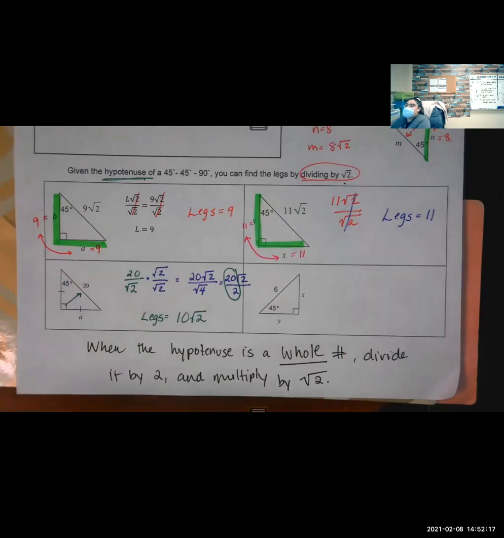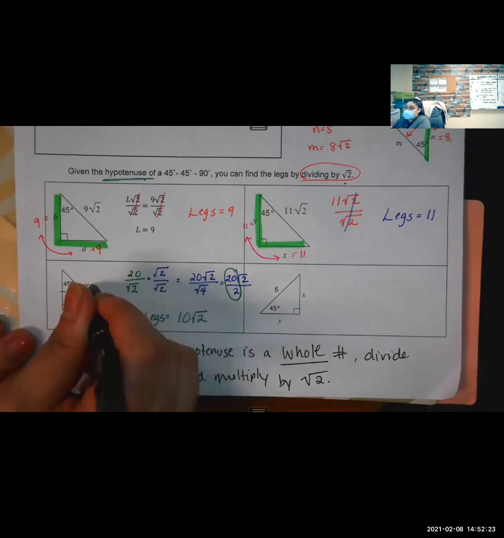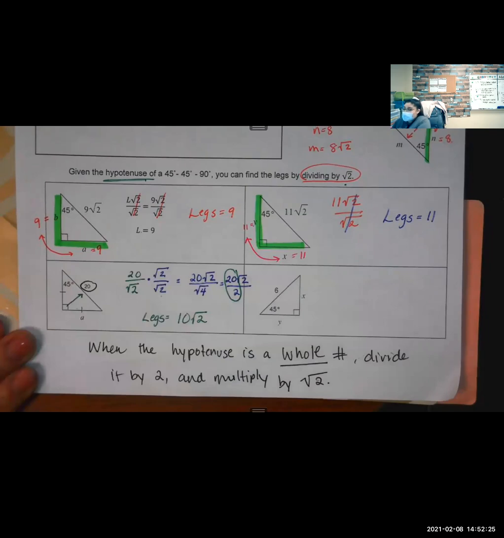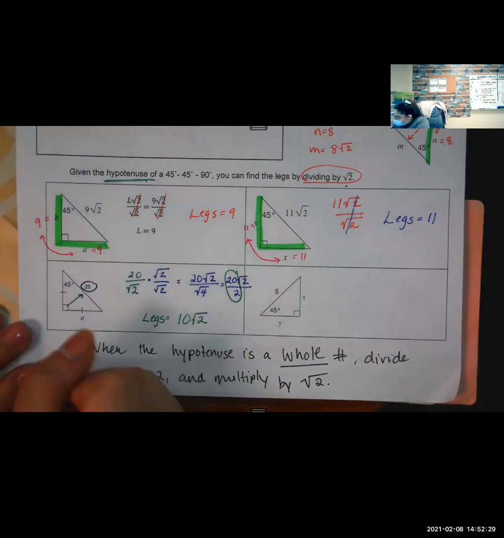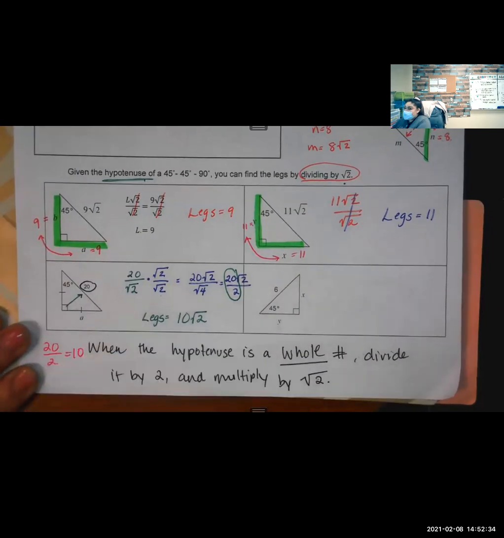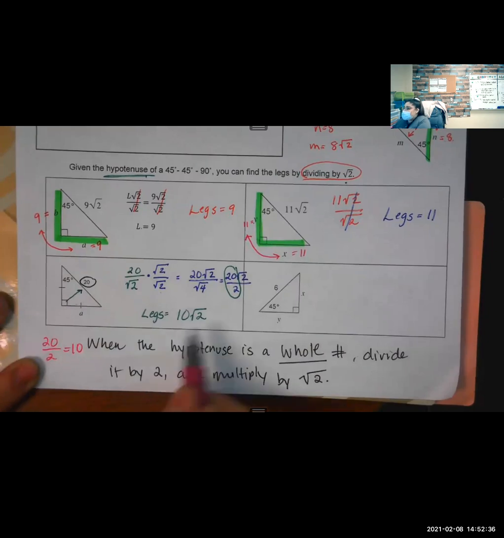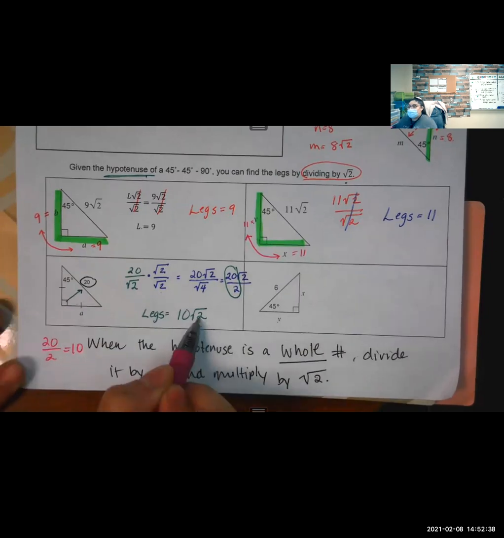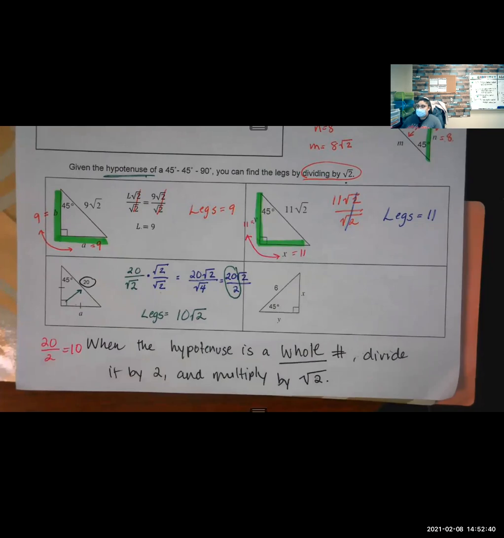So without having to do the process of dividing by a radical, if I just take 20, which is my hypotenuse, and I were to divide 20 by 2, that gives me 10. And then I just attach or multiply by the square root of 2 at the end.